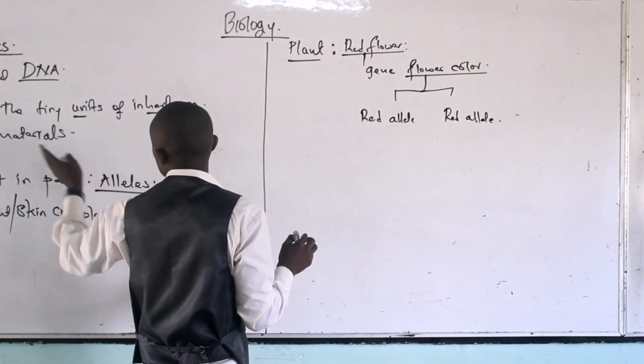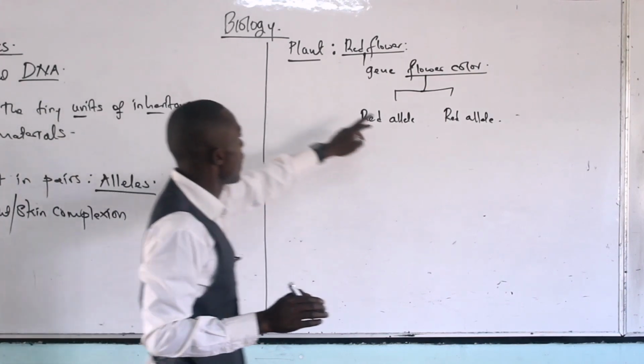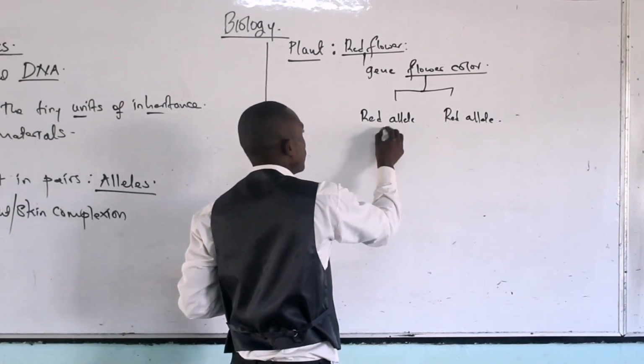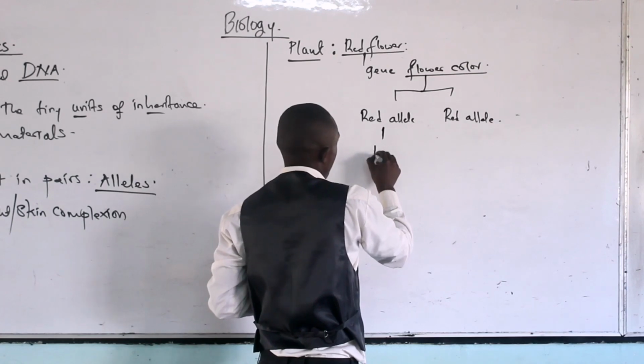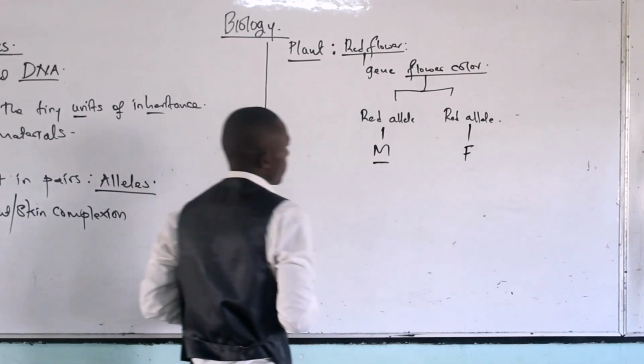Remember, genetics simply means the study of variation and inheritance. So the red allele and the red allele, one allele came from the male part, another one came from the female part.